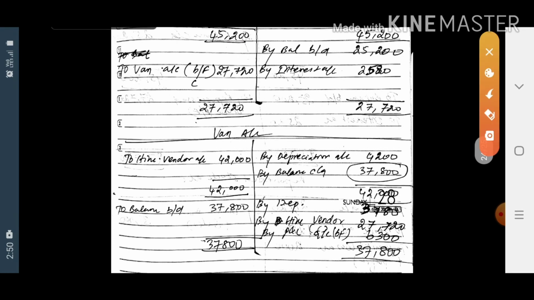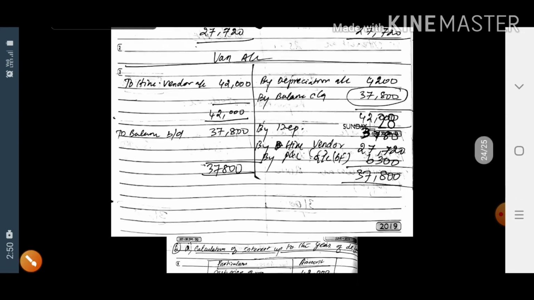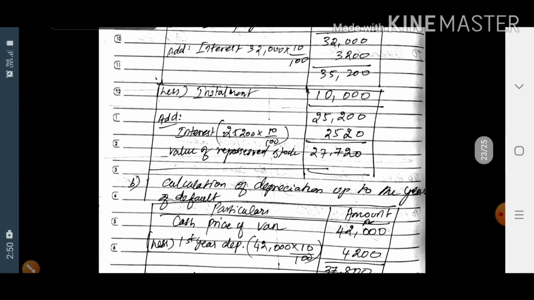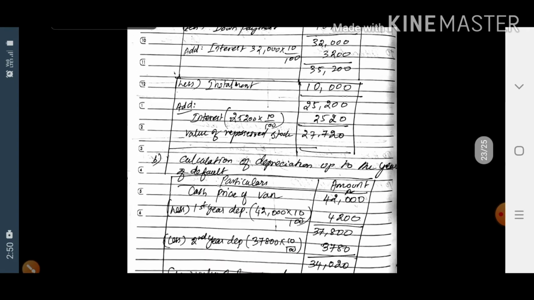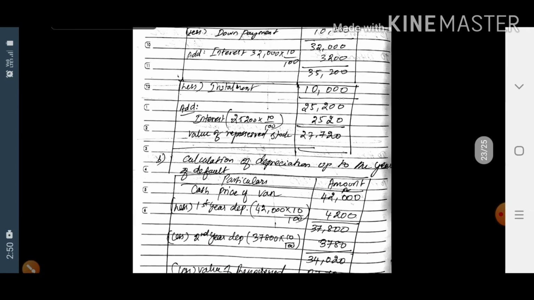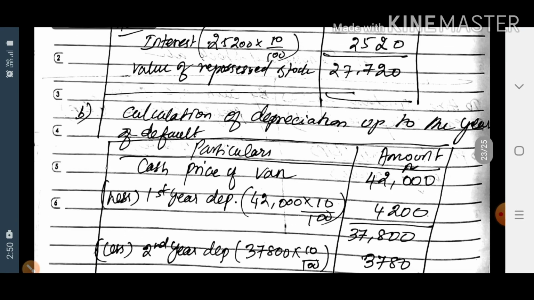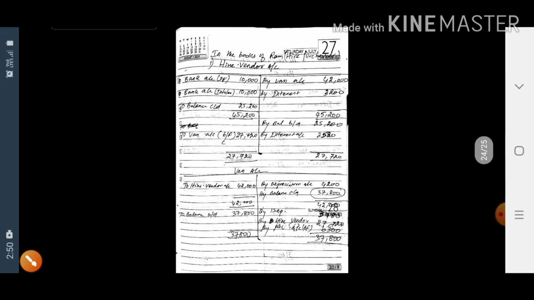Now let us see the asset account, that is the van account. In the van account, by hire vendor 42,000, depreciation 4,200, and the balance we have is 37,800. So this is very simple. When you see these two tables themselves, you can prepare all the accounts. Here you see cash price, first year's depreciation. Similarly, second year depreciation, because the default comes under the second year.